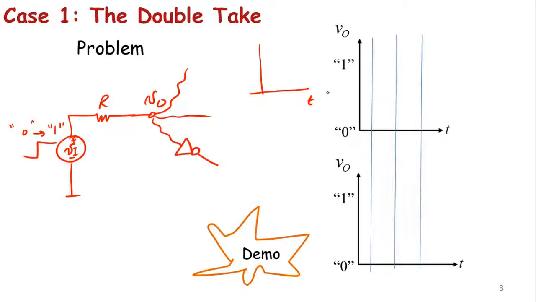So this is my time axis, and this is Vi. Let us say that at some point in time, I take a step transition from 0 to 1. Let's say the time at which I take the step transition is t equal to 0. So at time t equal to 0, my input makes a step transition like so. For fun, let us say that it goes from 0 to 5 volts.